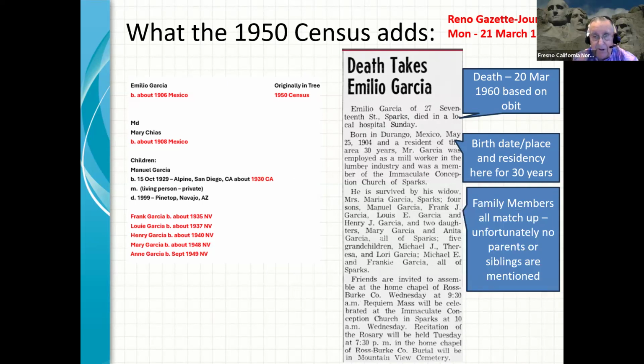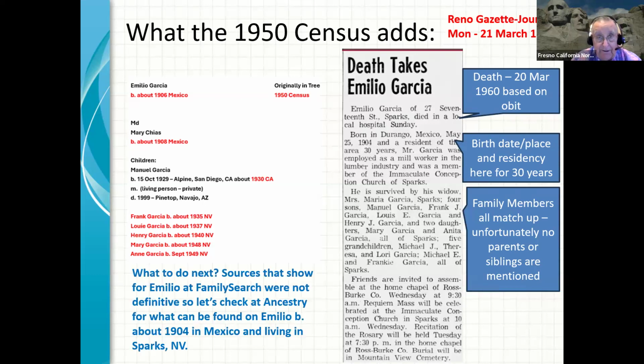It gives a listing of who he survived by, his wife's name, and the names of his 4 sons and 2 daughters. And unfortunately, what's missing is anything about his parents or siblings. But hey, beggars can't be choosy. So from that obituary, we've got a lot more information.